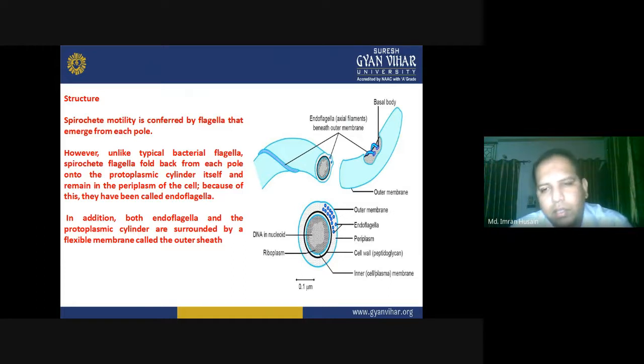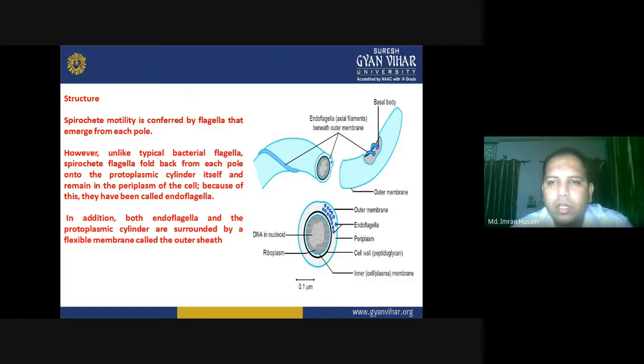That is why the name endoflagella has been given to them. In addition, both endoflagella and protoplasmic cylinder are surrounded by a flexible membrane, the outer sheath. So flagella are already present in between the two membranes of the spirochete. Here in the diagram, you can see the same thing.